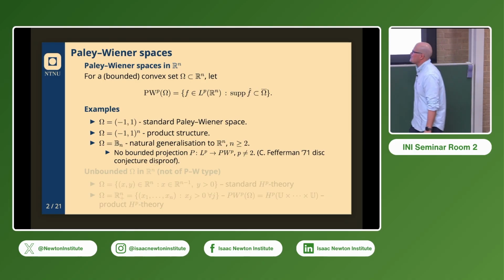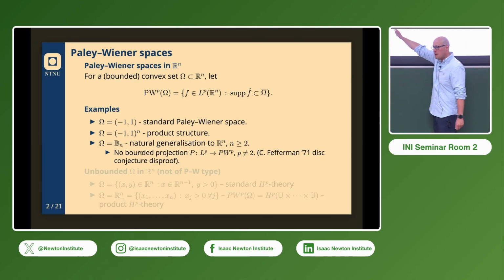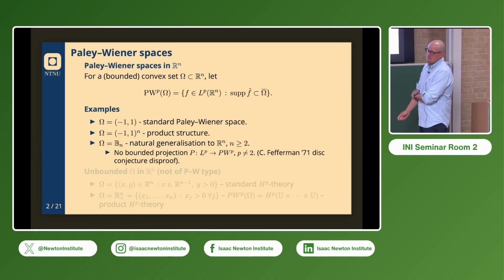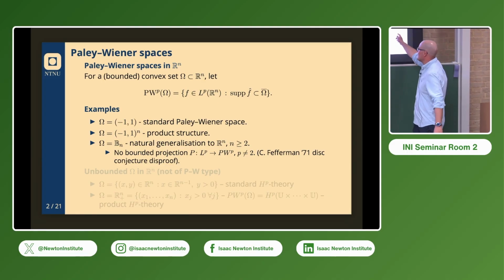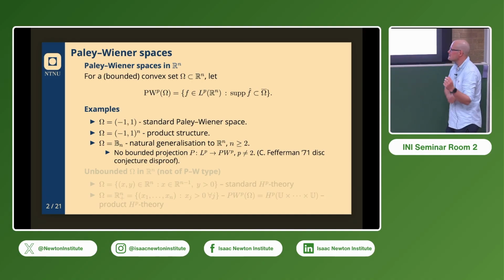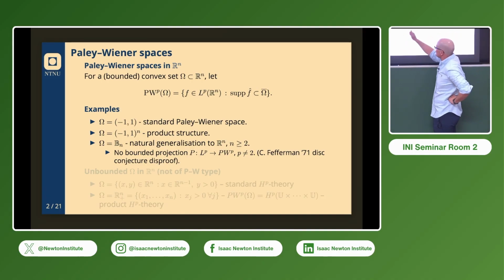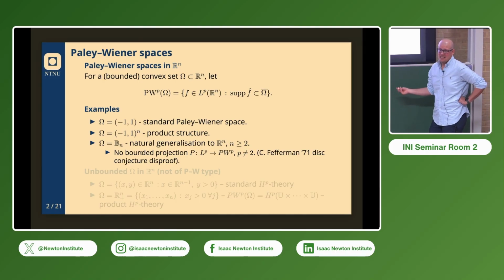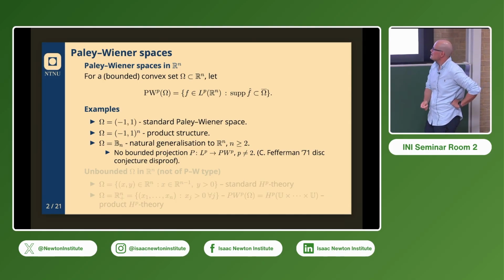While if you take omega as the unit ball, you get quite a different space. In particular, Charles Fefferman had this famous counterexample showing that the Fourier multiplier of the disk is not bounded on any L^p.